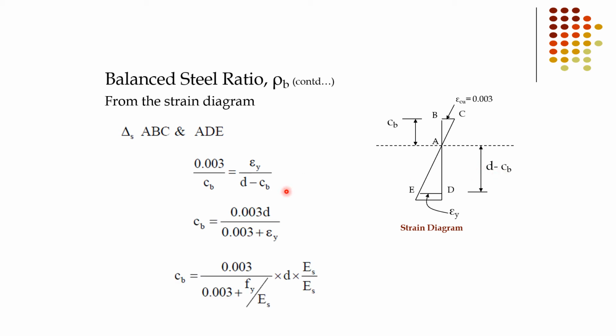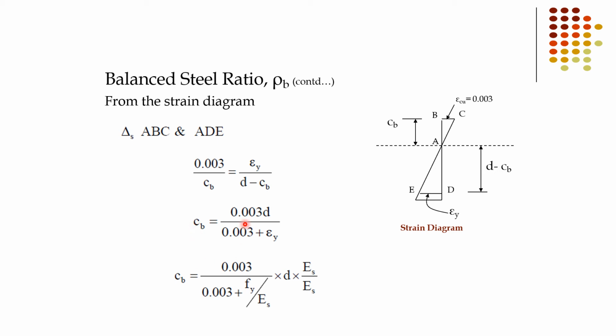After cross multiplying, you will get cb equal to 0.003 d over 0.003 plus strain y. That's all for the cb, but for simplification I am just moving ahead. This is the final value of cb. If you have the value of cb, then you can get the value of ab easily, because ab is equal to beta 1 c.